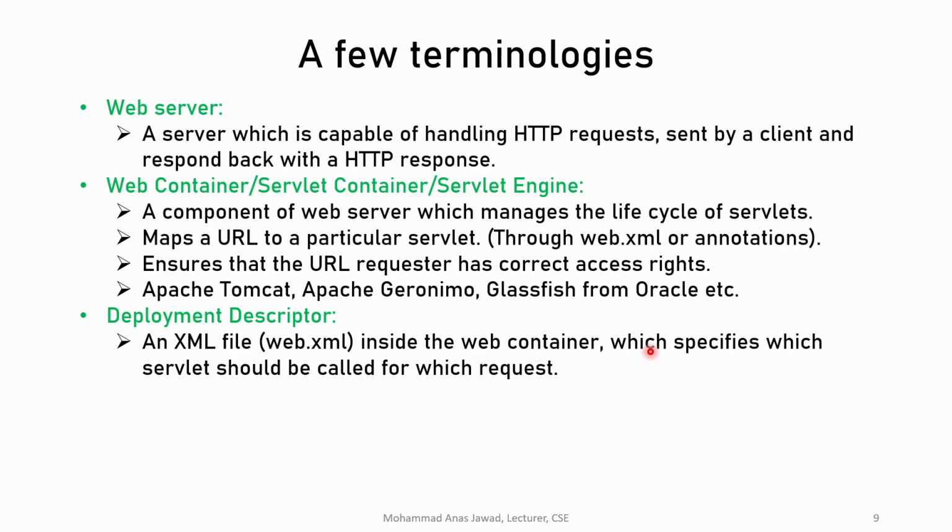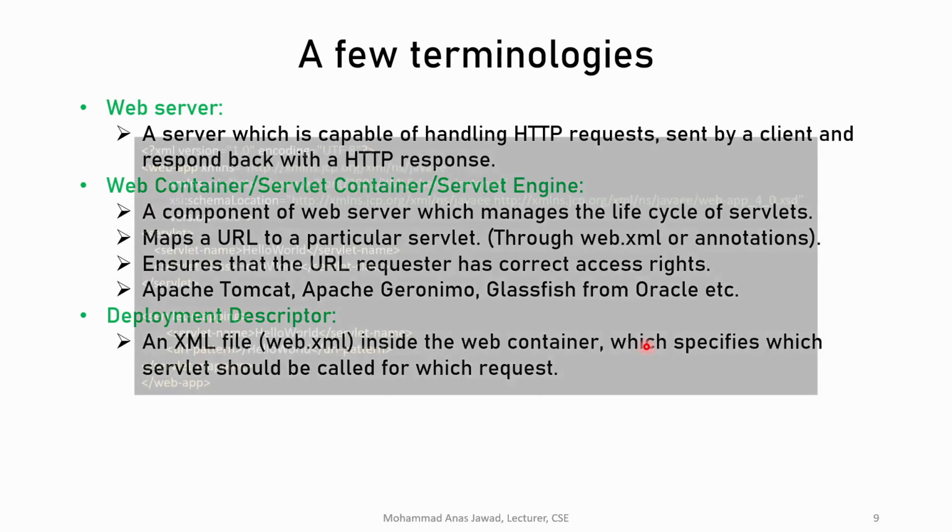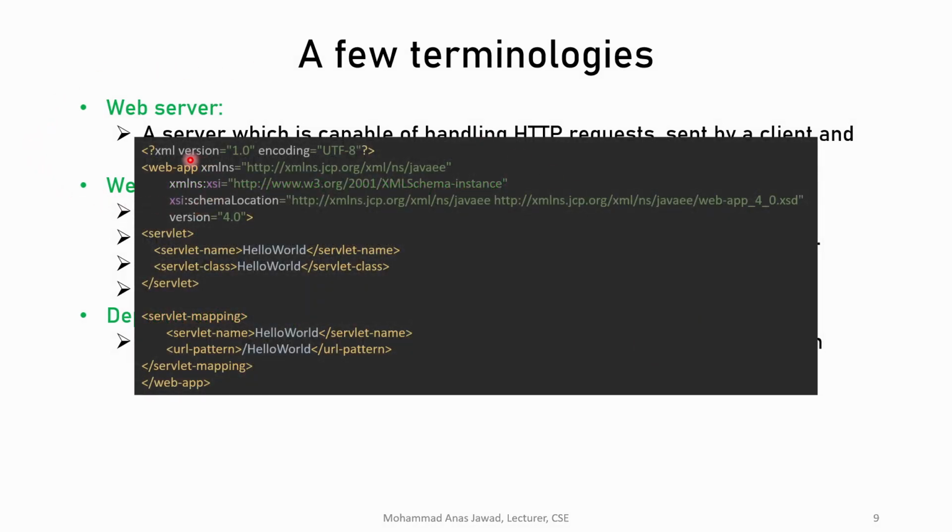So let's take a look at what a web.xml file looks like. In this case, you can see that we have a root element called web-app, and inside this root element, we have two elements, servlet and servlet-mapping. Now, inside the servlet element, we have two sub-elements, servlet-name and servlet-class.